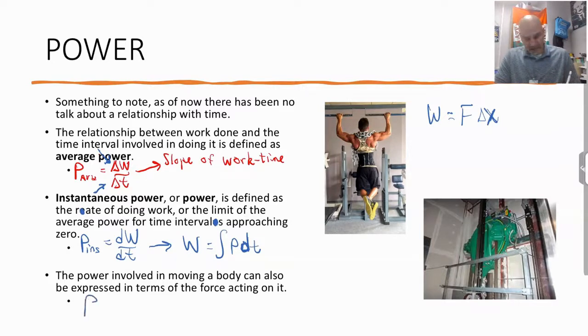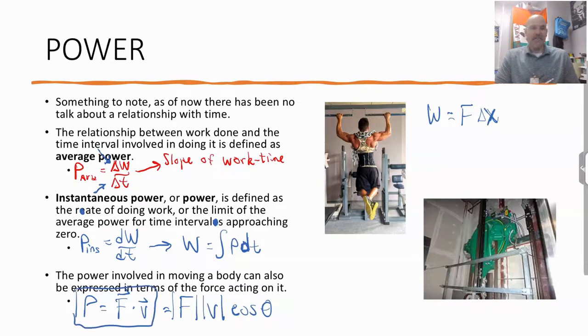So power can also be expressed in terms of force and velocity by a dot product. It's F dot v, or the magnitude of F times the magnitude of v times cosine of the angle. This is the equation that we're going to use in our example problem.